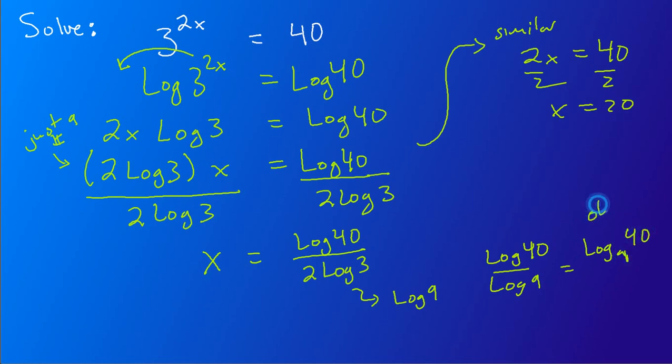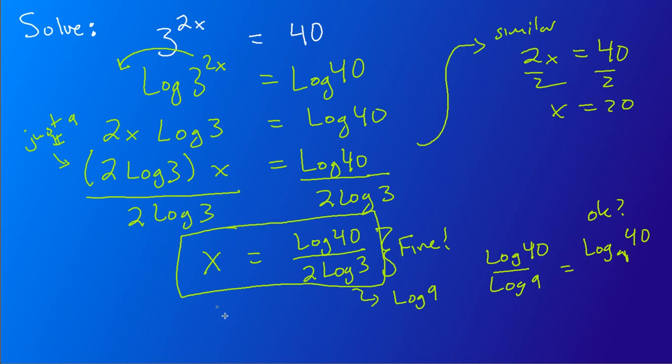Which is okay. I mean, but we don't need that. I'm just saying you could do that if a situation were to arise that you needed to. So this is fine. This is the exact answer, and we're going to keep it like this. We're not going to do any further changes.